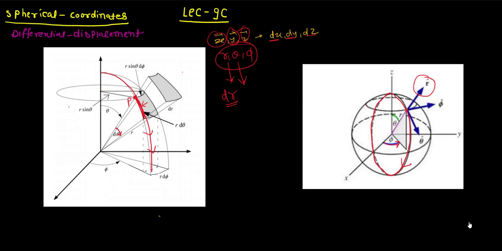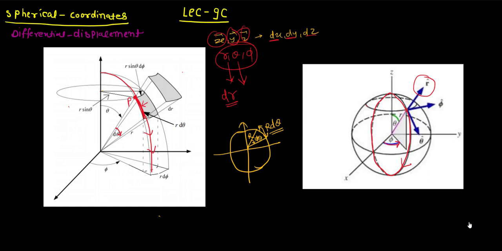Before finding this length, let me give you some basic concept. If you have a circle with radius capital R, and you move a certain angle d theta from the initial position, then the length of this arc would be r multiplied by d theta.